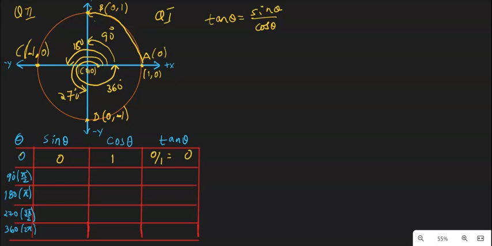At 90 degrees, or point B, the sine value is 1, the cosine value is 0, and 1 divided by 0 is infinity.